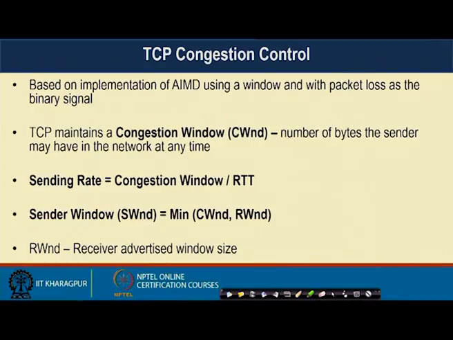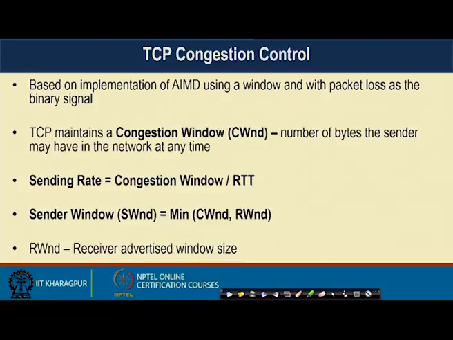So, this AIMD principle that we discussed earlier is incorporated in TCP. To incorporate AIMD for congestion control while maintaining fairness, TCP maintains a window which is called the congestion window. This congestion window is the number of bytes that the sender may have in the network at any instance of time.